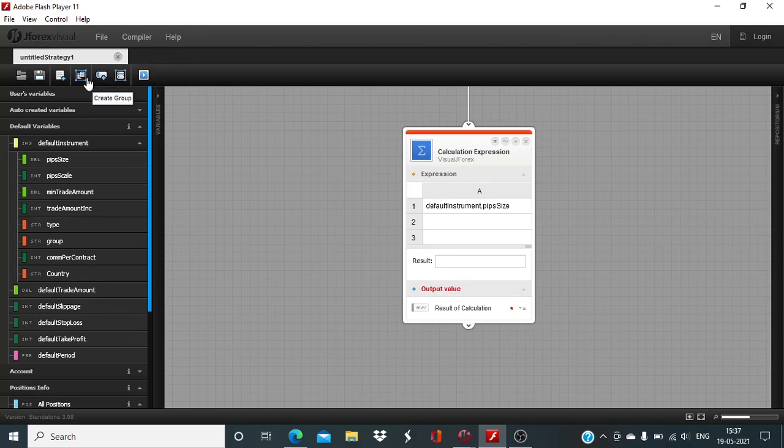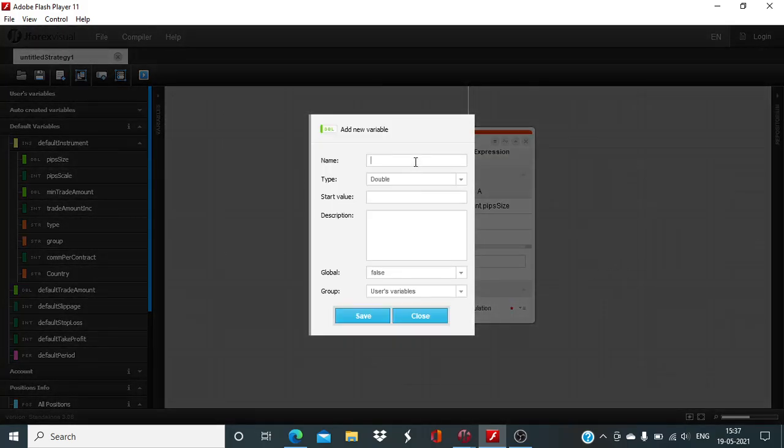We will multiply default instrument pip size with a new variable with the value of 6.